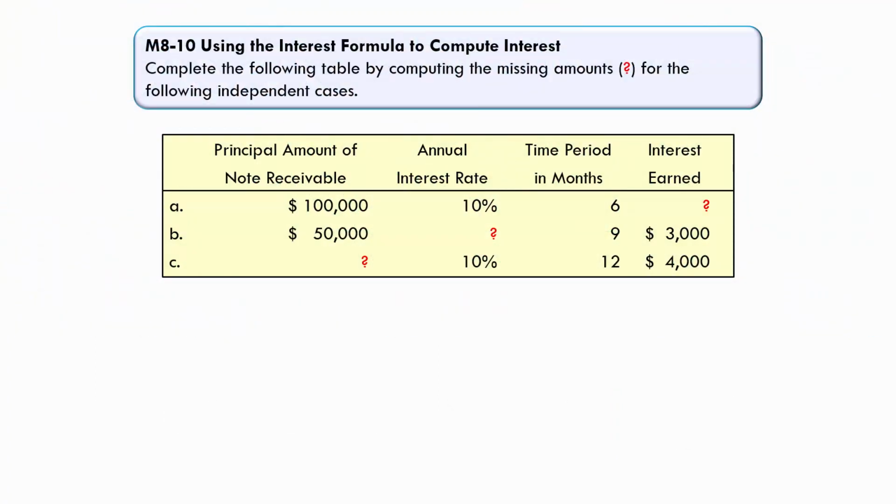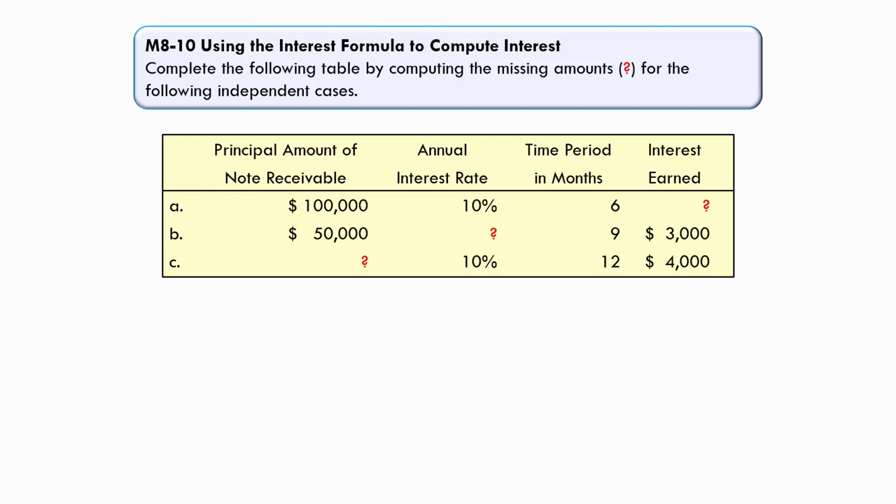In this first exercise, we have to complete the table by computing missing amounts. And the main thing is this is taking us back to a slide we had in this chapter. It showed us that the way you calculate interest is by taking the principal times the interest rate times the period in months, and the denominator needs to be 12.